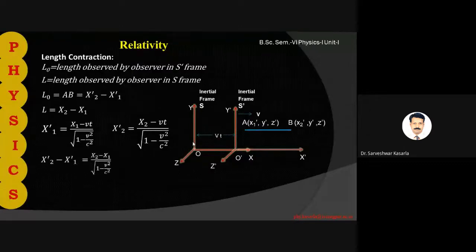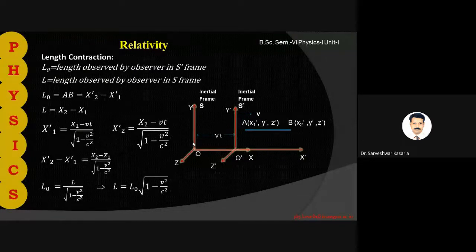So x2 dash minus x1 dash becomes x2 minus x1 upon under root 1 minus v square by c square. That gives L0 is equal to L upon under root of 1 minus v square by c square. Therefore L, which is the length measured by the observer O in the stationary frame, is equal to L0 under root of 1 minus v square by c square.